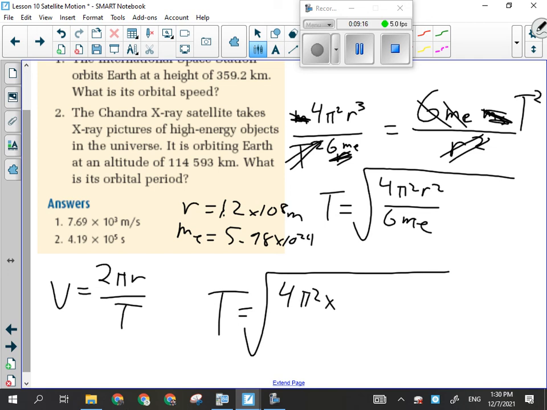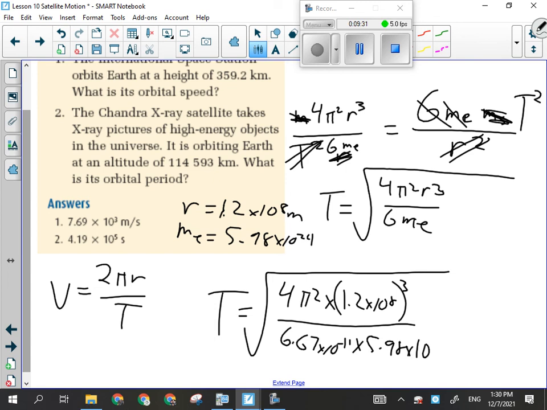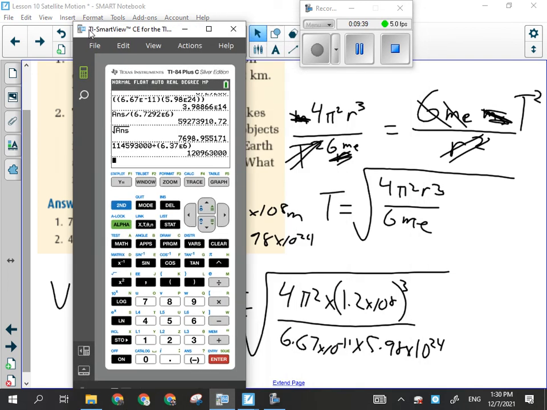Okay, and then we'll be using our 1.2 times 10 to the 8, cubed, divided by 6.67 times 10 to the minus 11 times 5.98 times 10 to the 24. So there's a lot of typing in these questions. A lot of big numbers, a lot of typing in the calculator, for all of these.